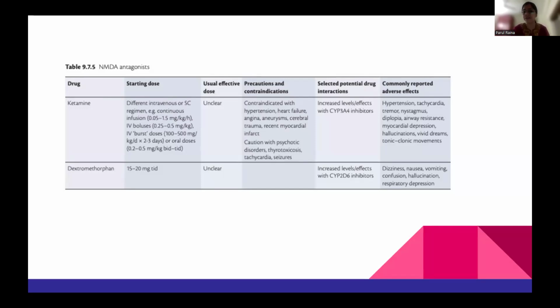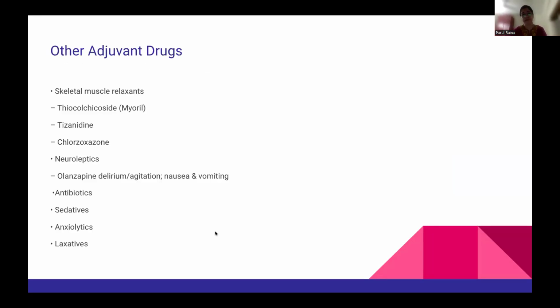Again, we have to be very careful, and it is usually contraindicated in patients with cardiac diseases. It can lead to hypertension, tachycardia, tremor, nystagmus, myocardial depression, hallucination, vivid dreams, and tonic-clonic movements. The next drug is dextromethorphan, not commonly used in India.